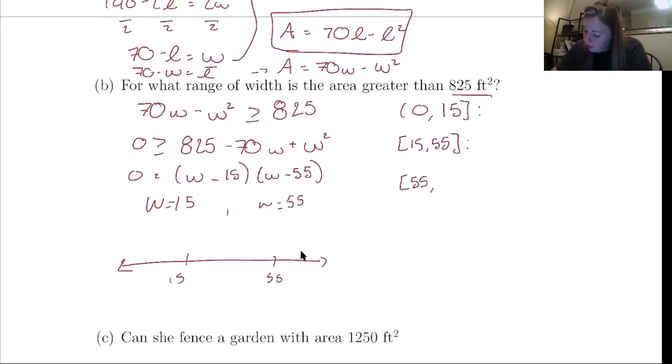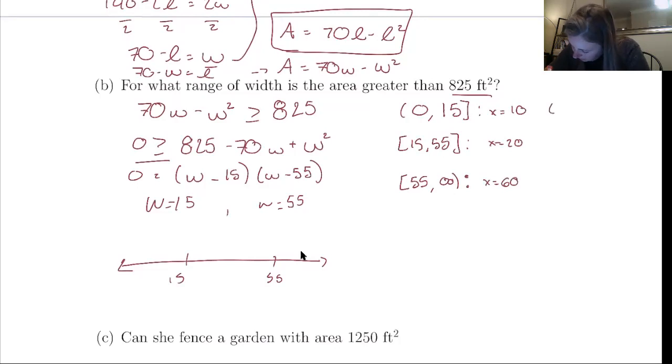There's a greatest one that we can find, but we'll just say infinity for right now. I want to find when these things are less than or equal to 0. So let's plug in W equals 10, 20, and 60.